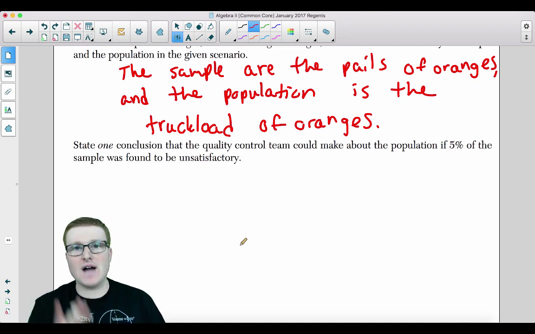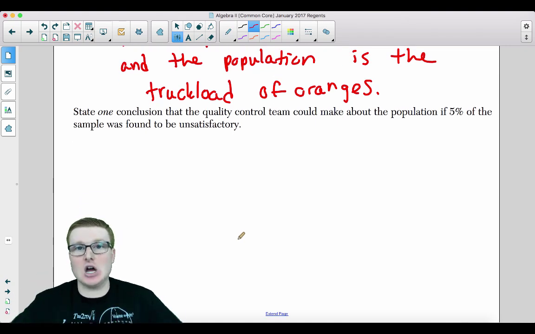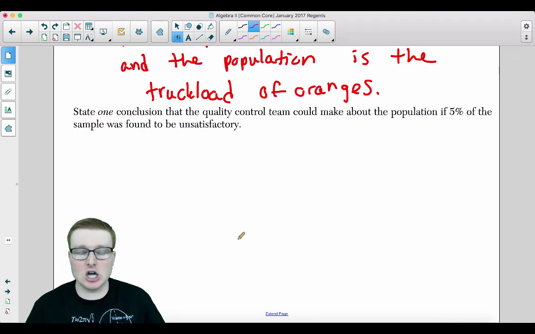Well, if 5% of the sample is unsatisfactory, then it could be concluded that 5% of the entire population is unsatisfactory.